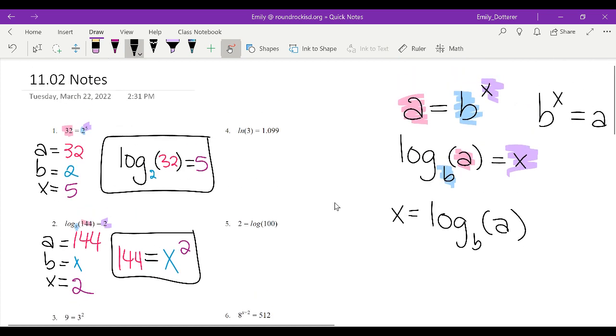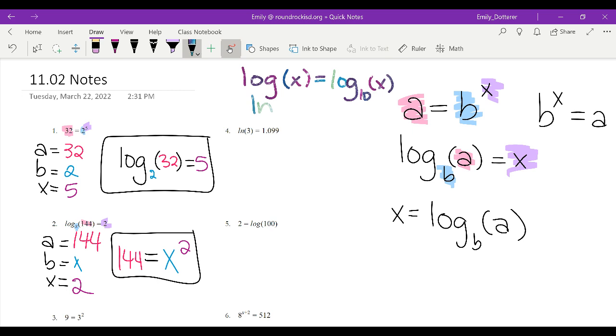Now, sometimes with logarithms, you won't have the base explicitly given to you. So if we have log, as in our common log, the base is 10 if there's no base given.